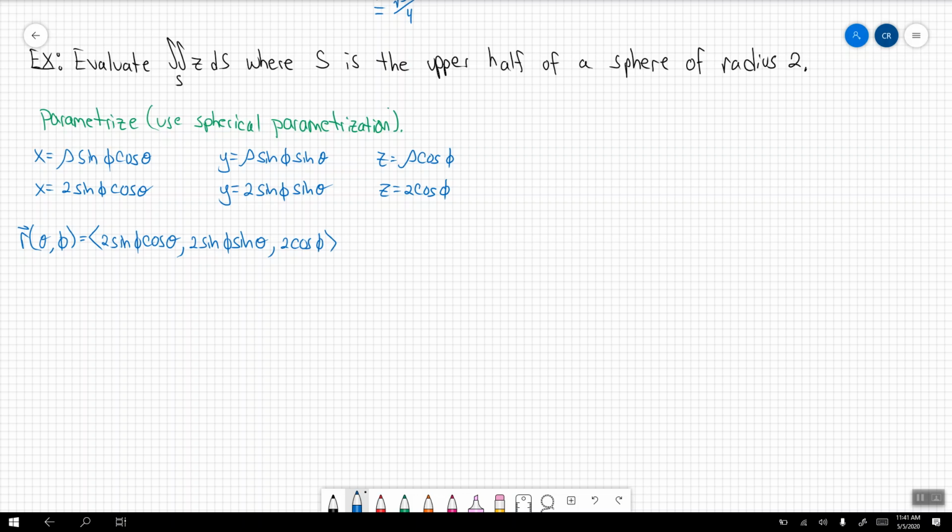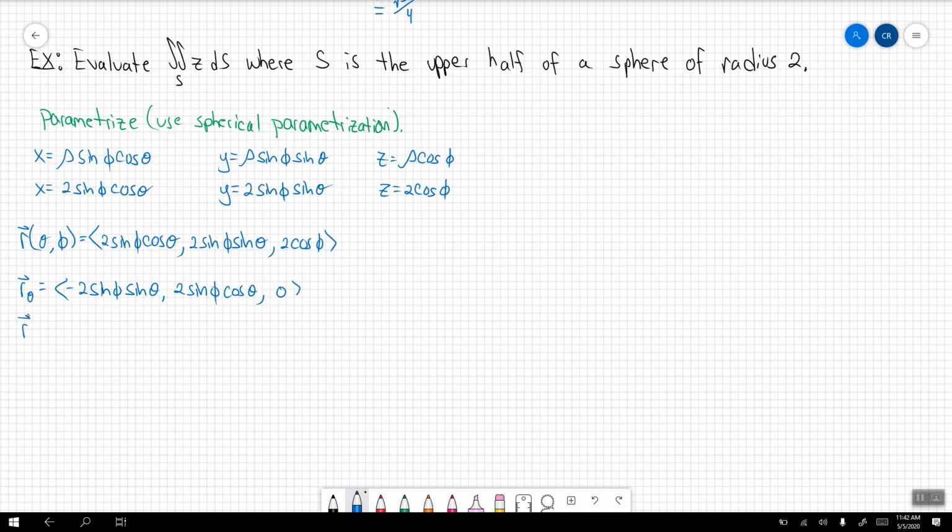There we are. So what I need now are partial derivatives. So I'm going to go through my partial derivatives really quickly here. My partial derivative with respect to theta is going to be negative 2 sine phi sine theta, 2 sine phi cosine theta, and the next one's going to be 0.